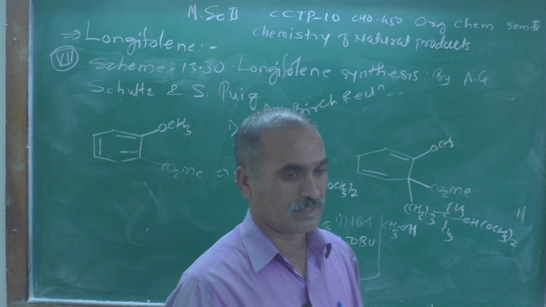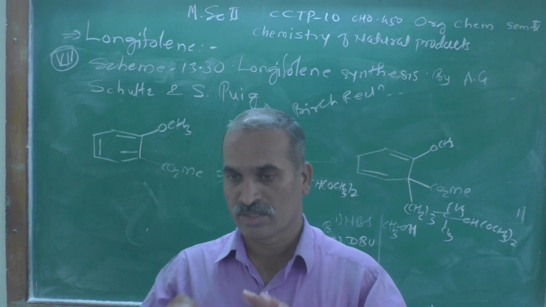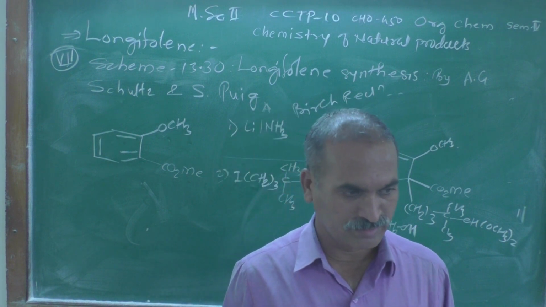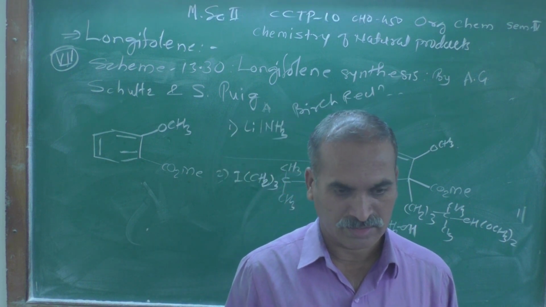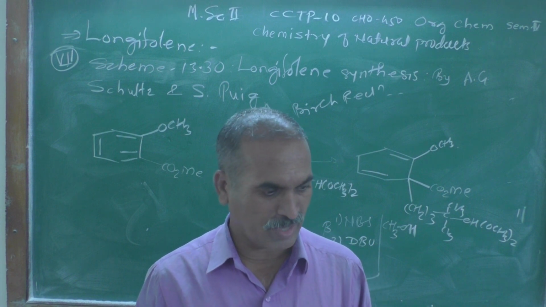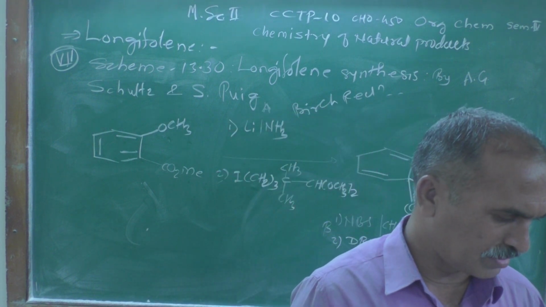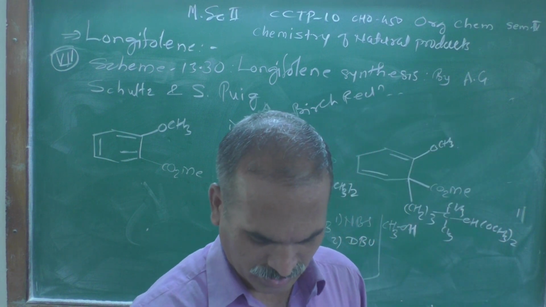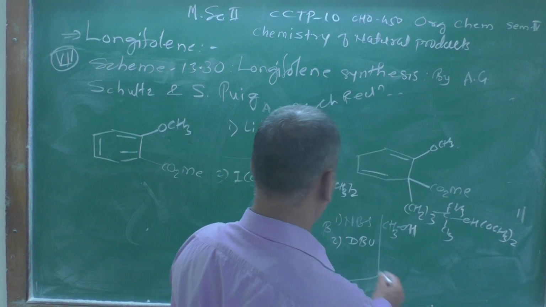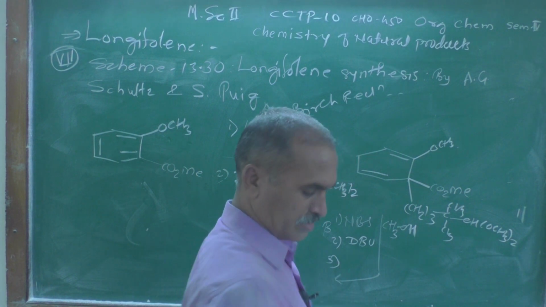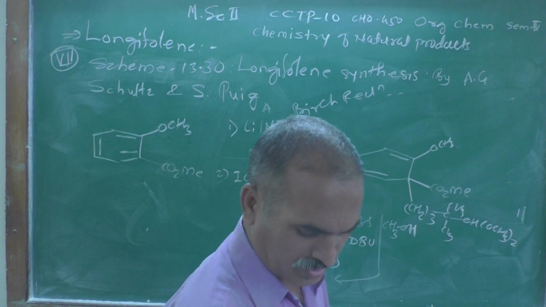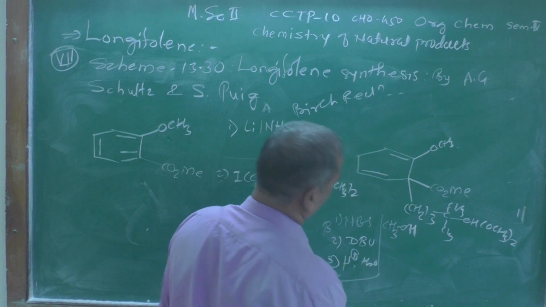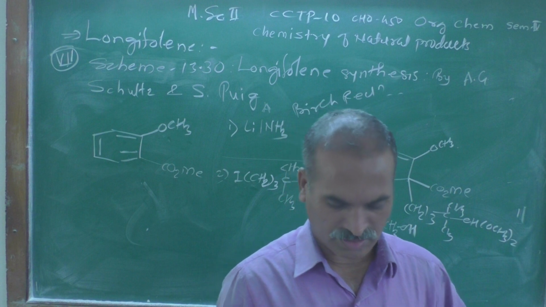As we know the structure of DBU, it is a sterically hindered base, a 1,8-diazabicyclo type of compound. And the third reagent used here will be H plus acidic treatment, and water is used over there.